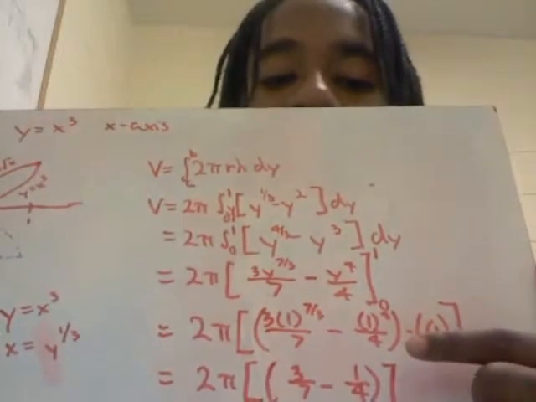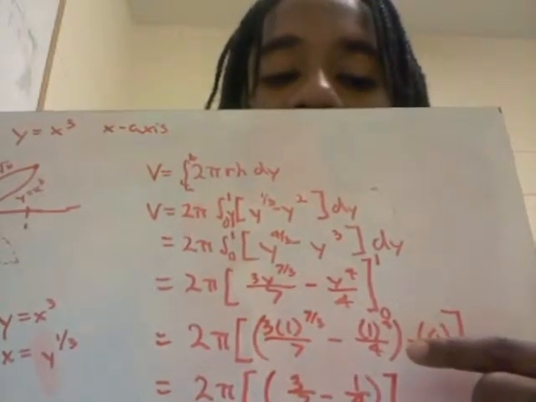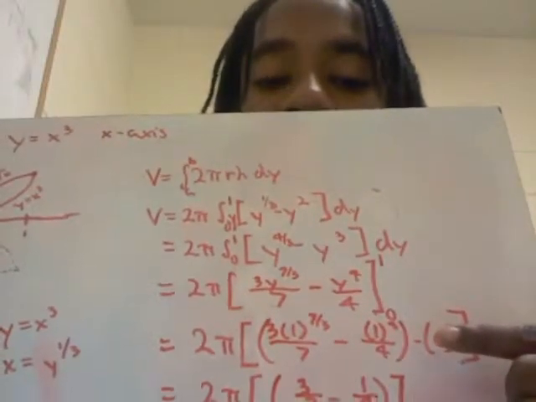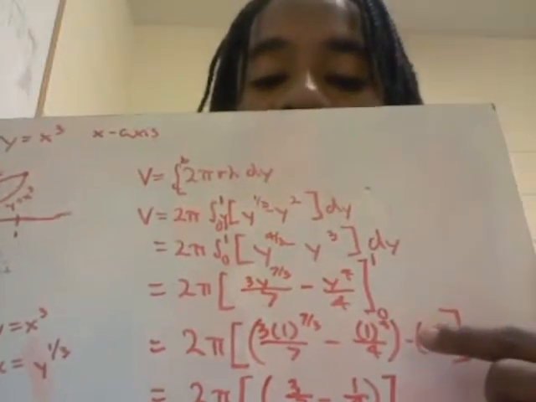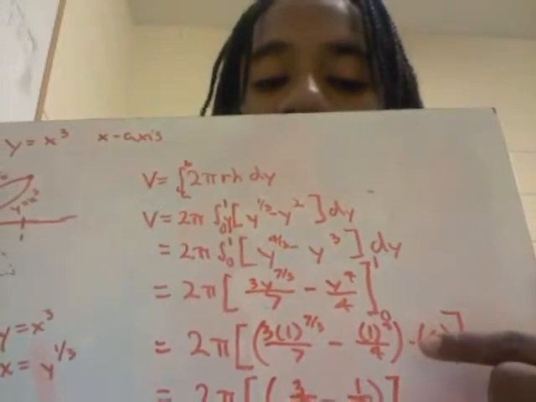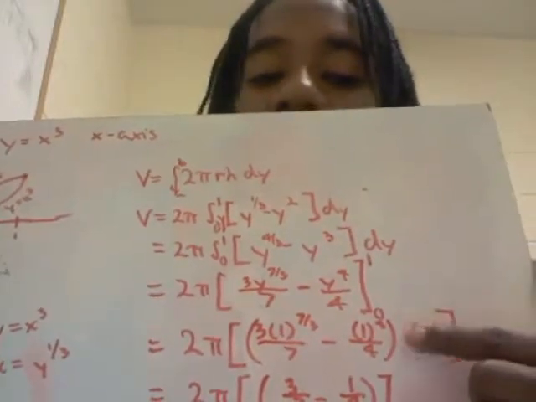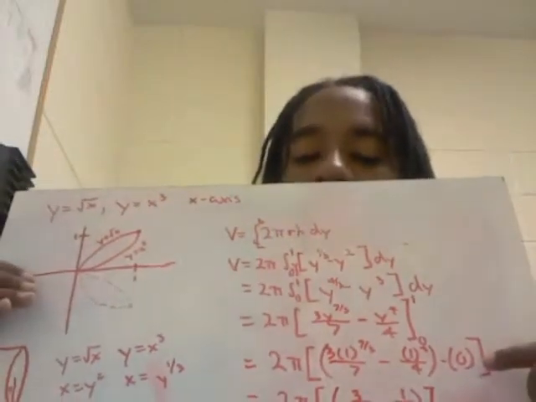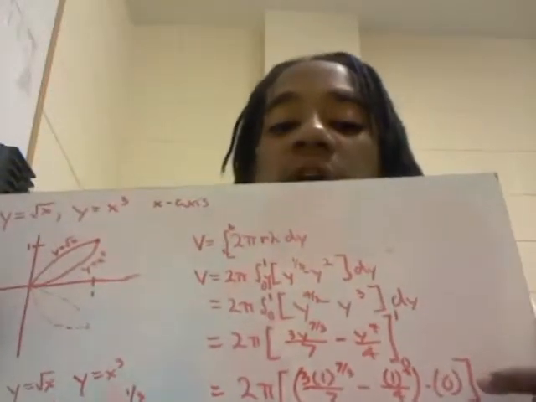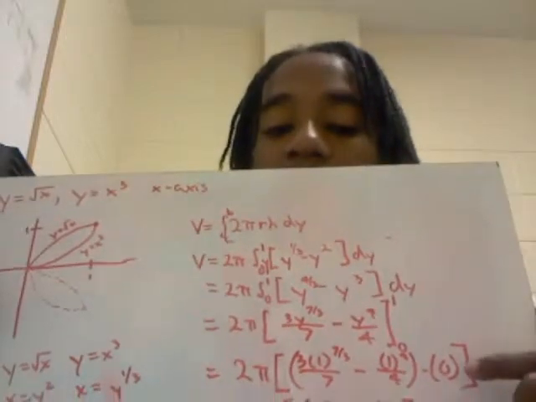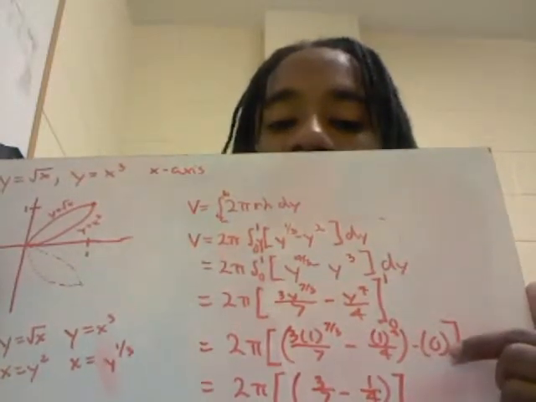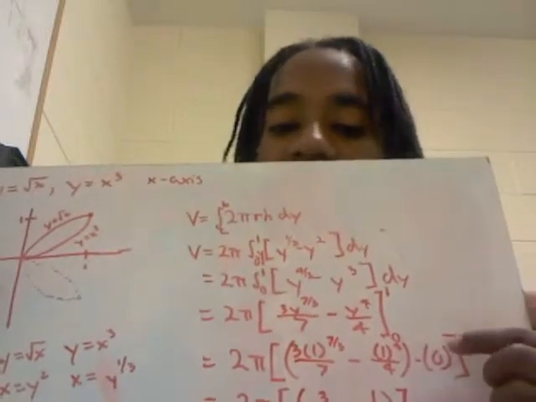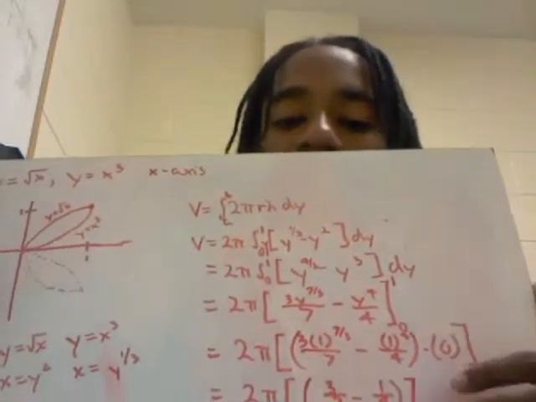It's going to be 2 pi times 3 times 1 to the 7/3 over 7 minus 1 to the 4th power over 4, and that is going to be subtracted and then minus 0. Regularly, you do not put in the 0, but I'm putting it in to show the place that 0 still will be there, even though this won't be using the problem.